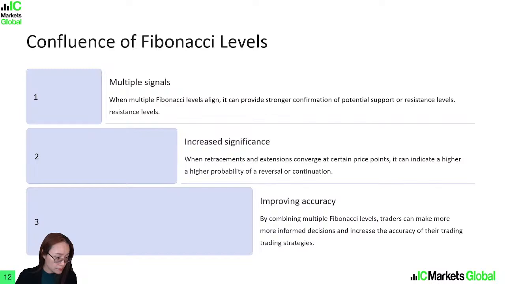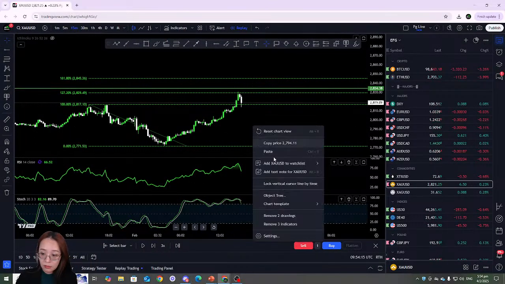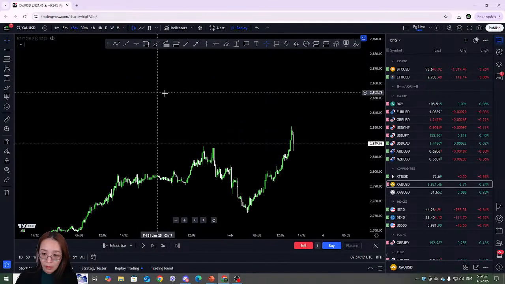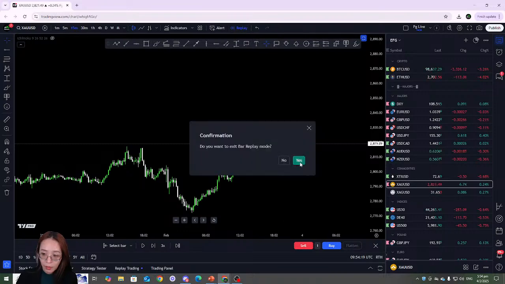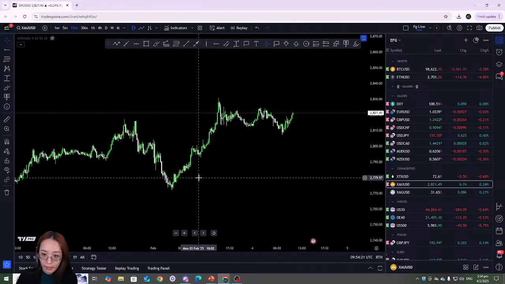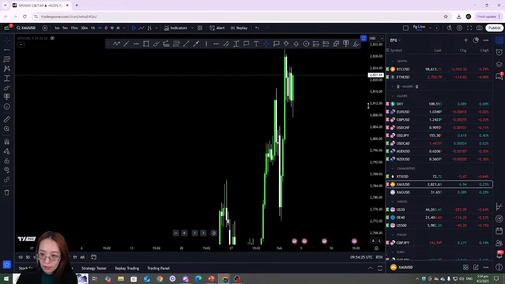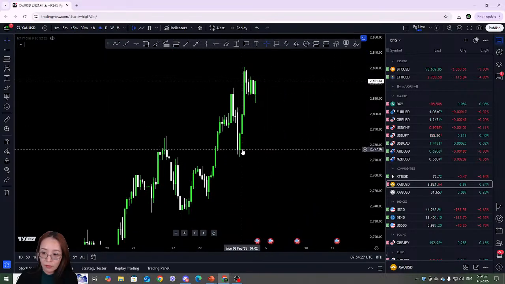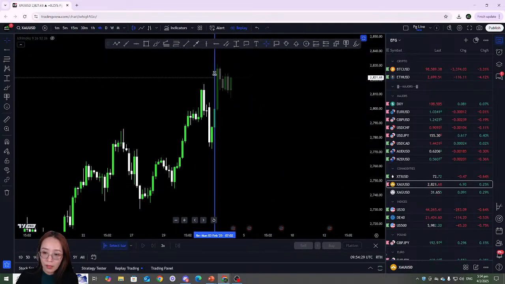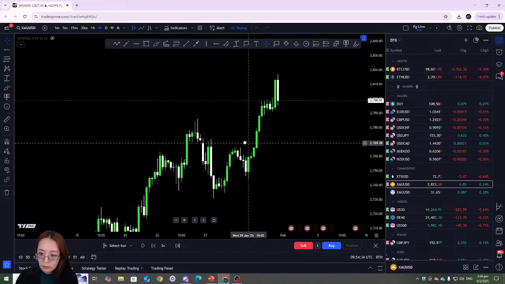So like just now, the example of gold, right, at the pullback, I think on the H4 time frame. I think this level, okay, it is over here.